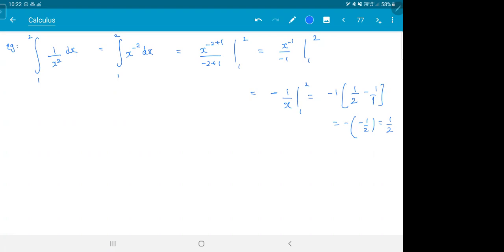Copy. Next one. So this is one formula, x power n. I think let's do a few problems on that before going ahead.